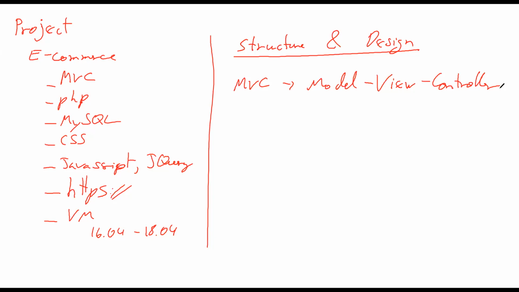What that means is that the code is broken up into discernible parts. Instead of having one gigantic file for every page, you actually have the files broken up into pieces. So you have the model, you have the view, and you have the controller.